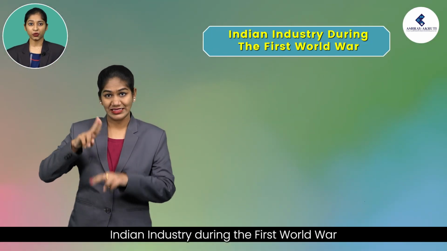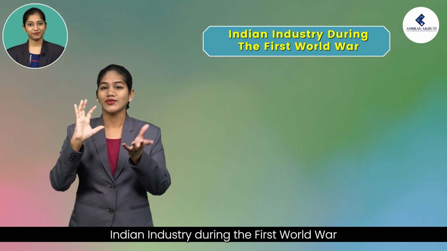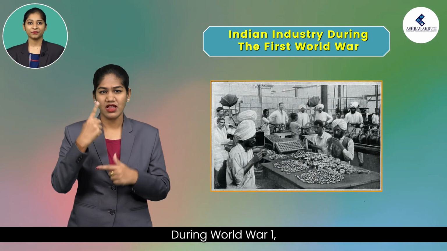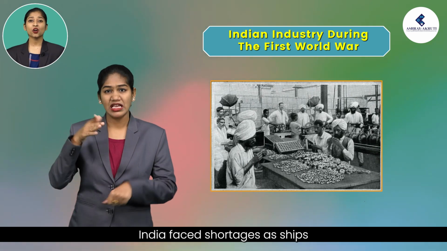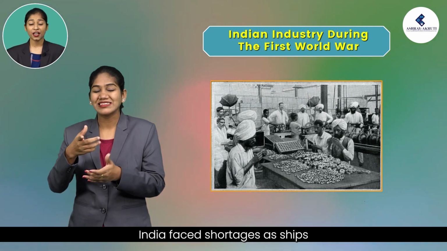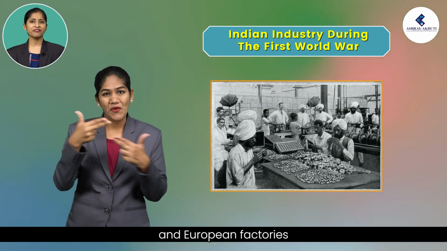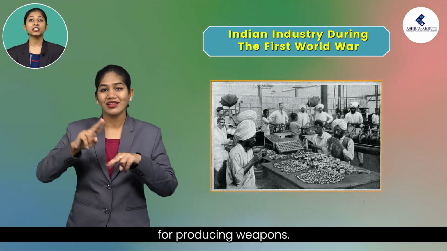Indian industry during the First World War. During World War I, India faced shortages as ships were used for war and European factories for producing weapons.